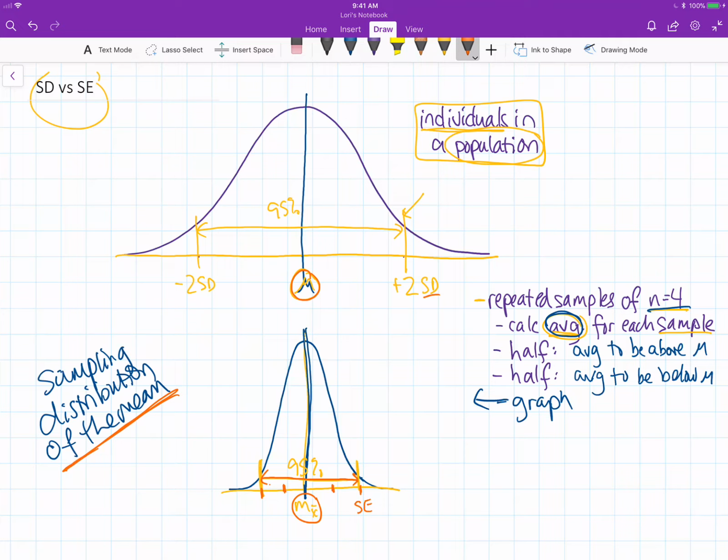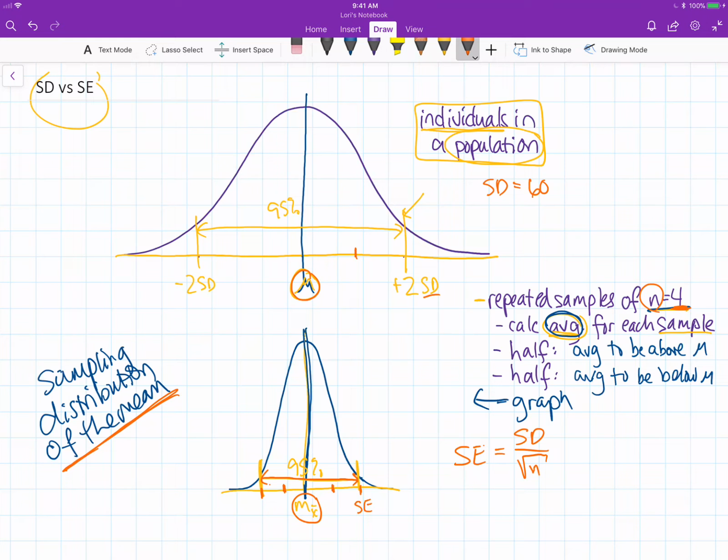The not as spread outness of it is regulated by an equation. So let me give you that equation. Standard error, SE, is equal to standard deviation divided by the square root of n. In this case, our sample size n was equal to 4. Let's imagine that our standard deviation up here is equal to, say, 60.